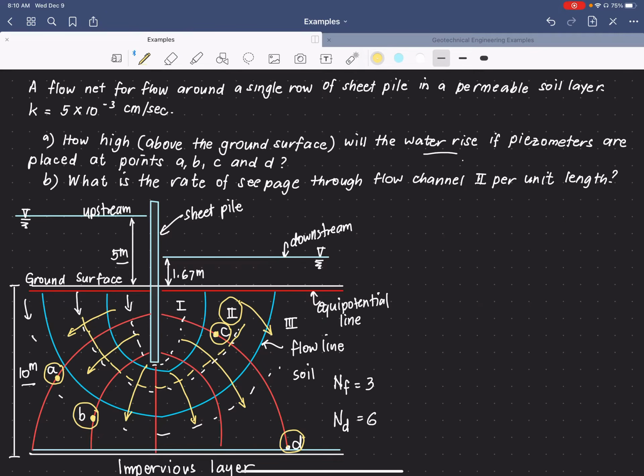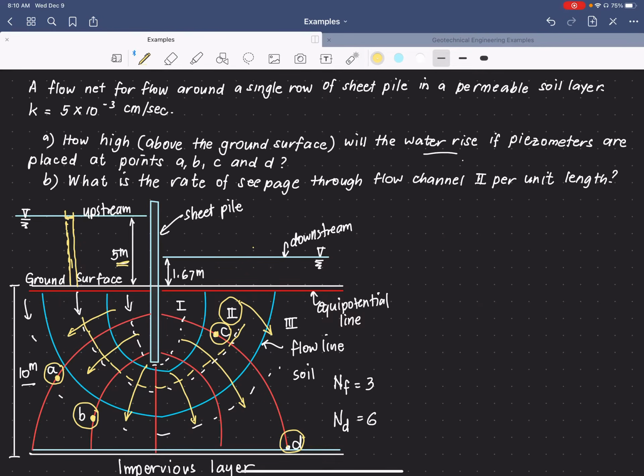To answer it, remember that if we place a piezometer at an equipotential line, the head at any point in a single equipotential line would be the same. So if we place a piezometer here from our ground surface, the water will rise at a height of 5 meters.